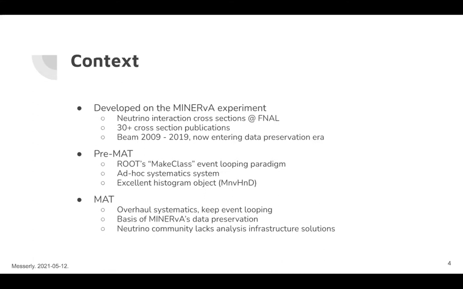It needs to have very well measured neutrino cross-sections to hammer down systematics for DUNE's physics program. We collected 3E20 or so POT between 2009 and 2019, and now we're entering the data preservation era. So no beam, but still tons of data to analyze and a very active analysis program.